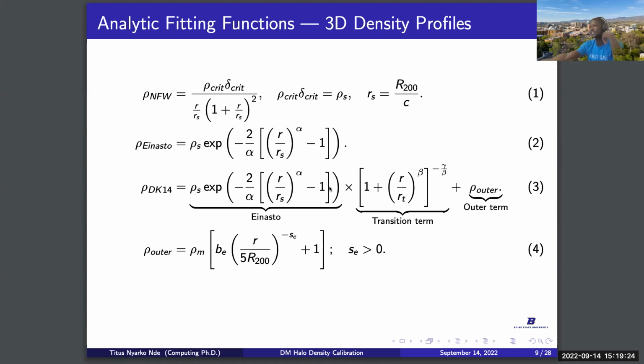So they proposed an extension to be able to fit the outer region of the halo. They introduced a transition term, and then the outer term, which is calibrated by a power law and the mean matter density of our universe. The outer term is given by this equation.